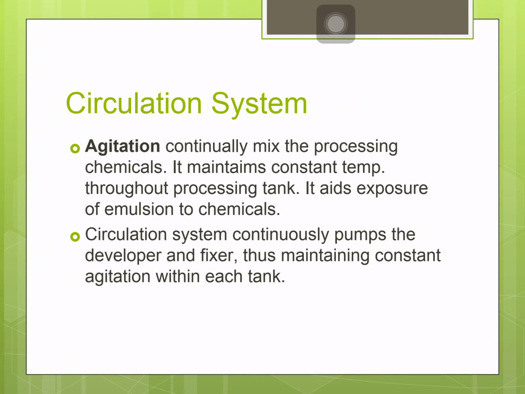So, this aids exposure of emulsion to chemicals. So, with the help of our rollers, yung ating chemical solutions ay nag-agitate. Kaya nakokontrol din niya yung temperature ng ating chemical solutions. So, circulation system continuously pumps the developer and fixer, thus maintaining constant agitation with each tank.